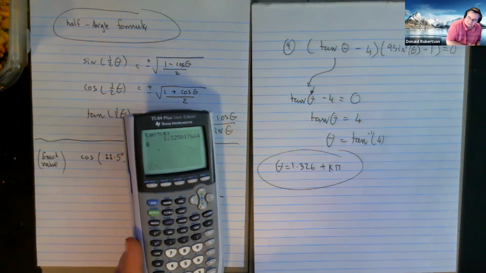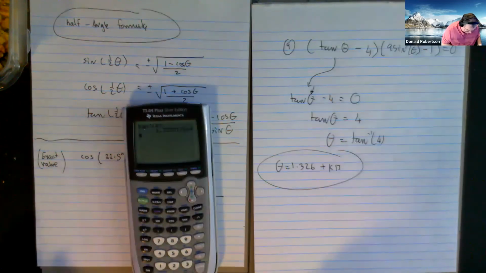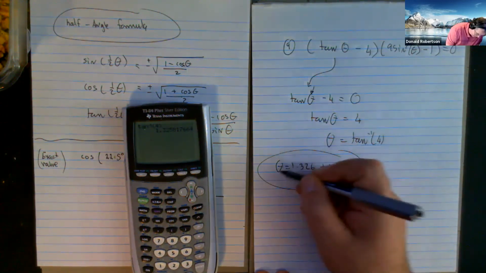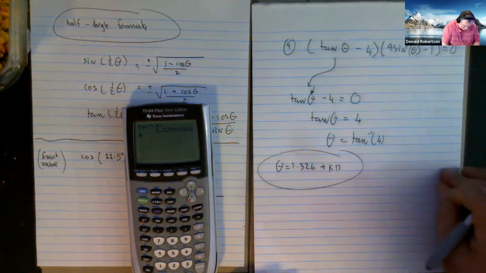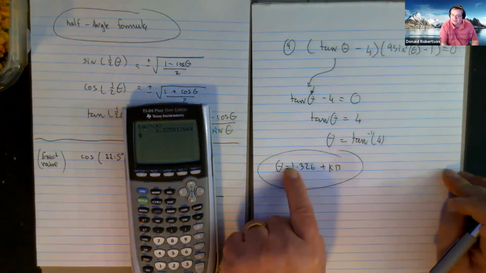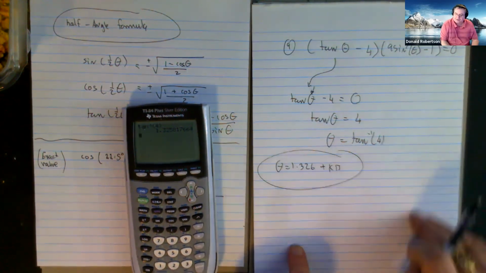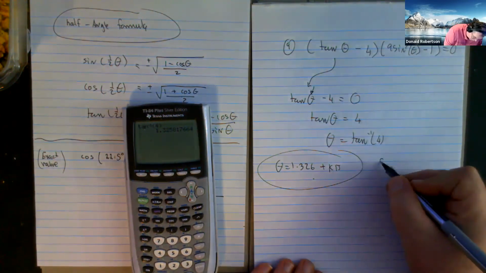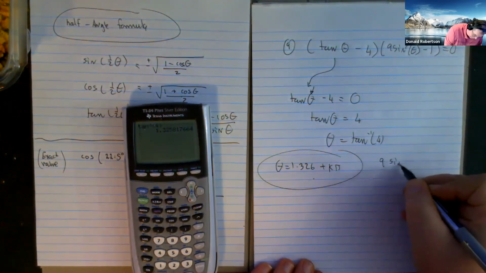Now, when you do a tangent and you look at the answer that we've just got, there are two places where the answer could lie. But the good thing about the tangent is if I did all the other answers, they just end up being this guy again. Remember, we did two piles and this pile ended up being here. So we're finished with the tans. A lot more work on the sines.